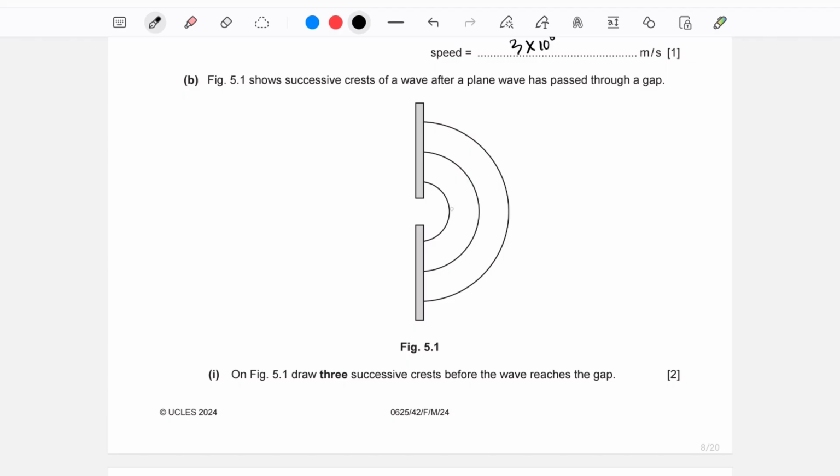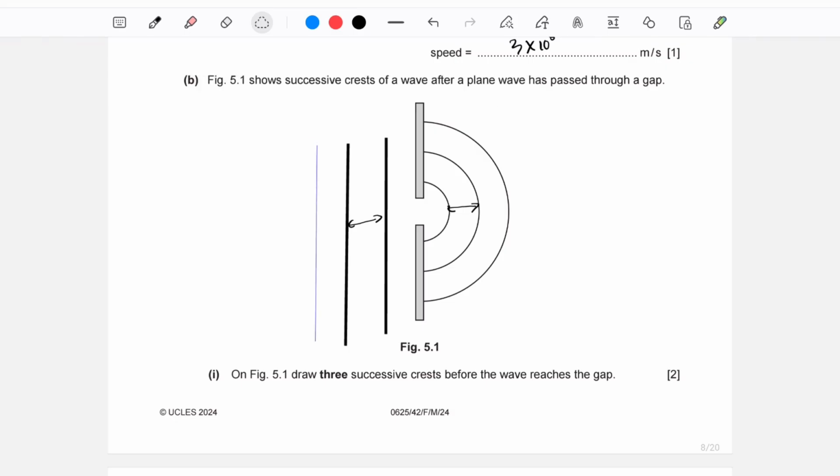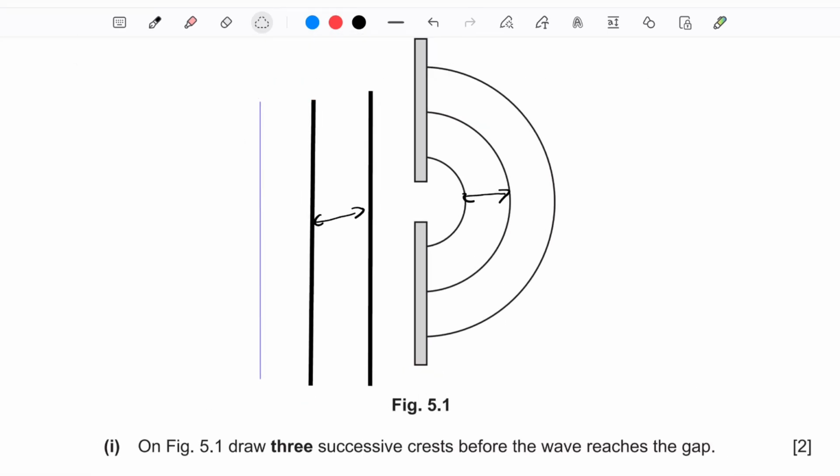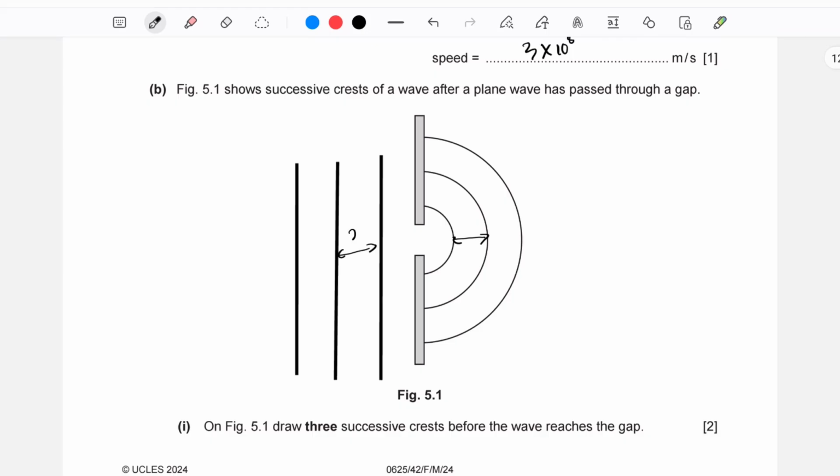So we have to see the wavelength here, and we have to draw straight lines that have approximately the same wavelength. So it's important that the gap between these 2 lines are the same.